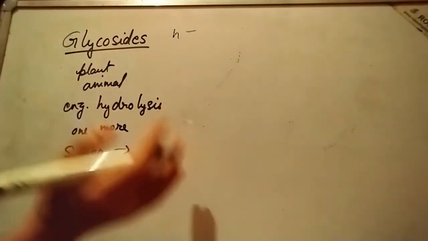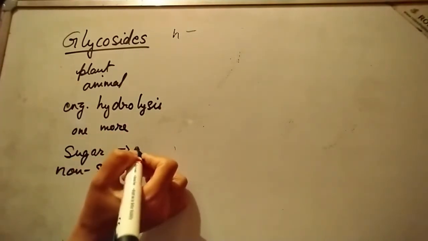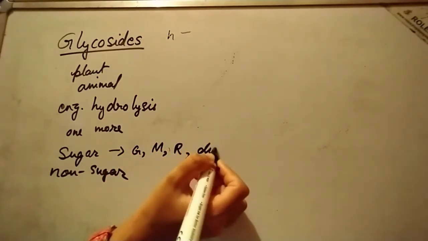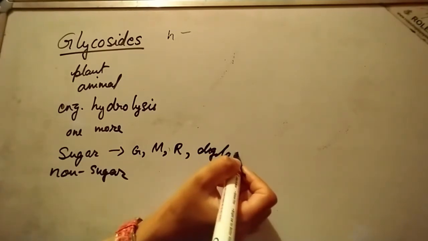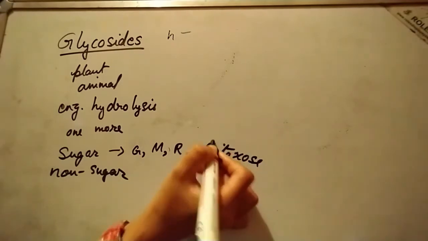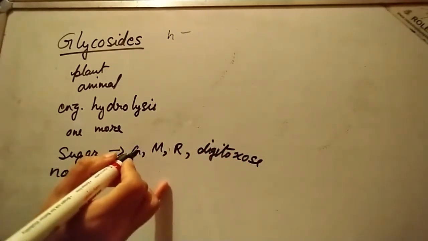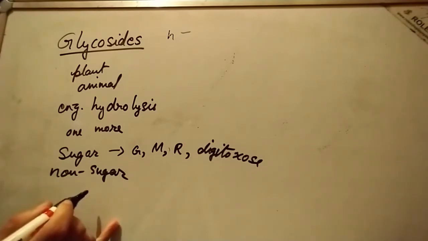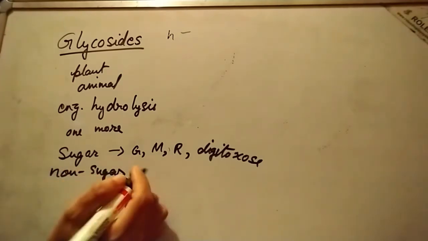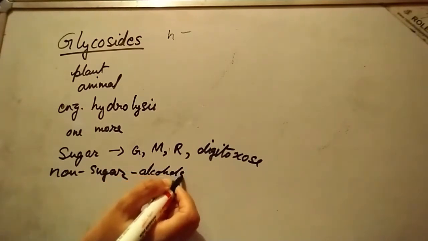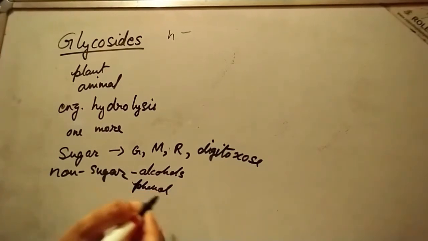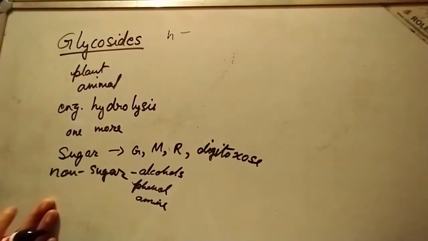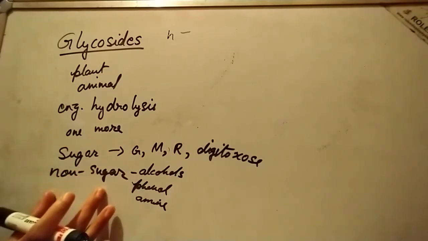The sugars mostly found in glycoside molecules are glucose, mannose, rhamnose, and digitoxose. The common non-sugar parts found in glycosides are alcohols, phenols, and amines. So glycosides are not actually carbohydrates because they consist of a carbohydrate part and a non-carbohydrate part.